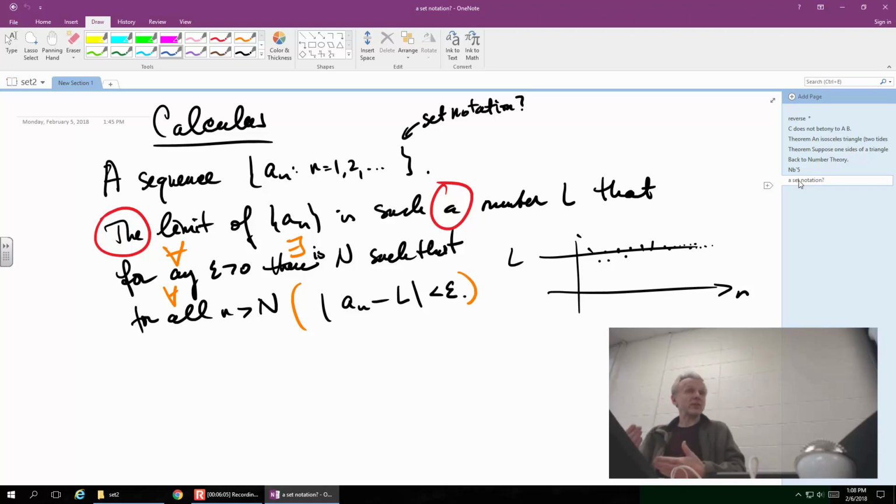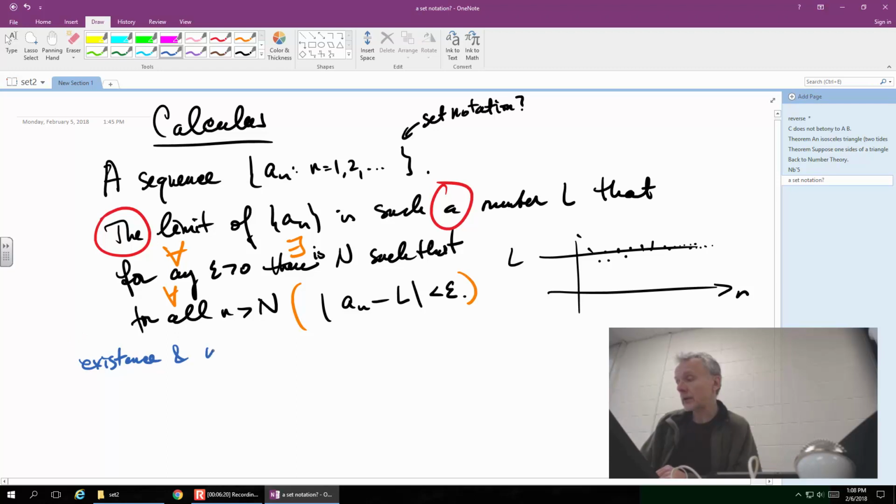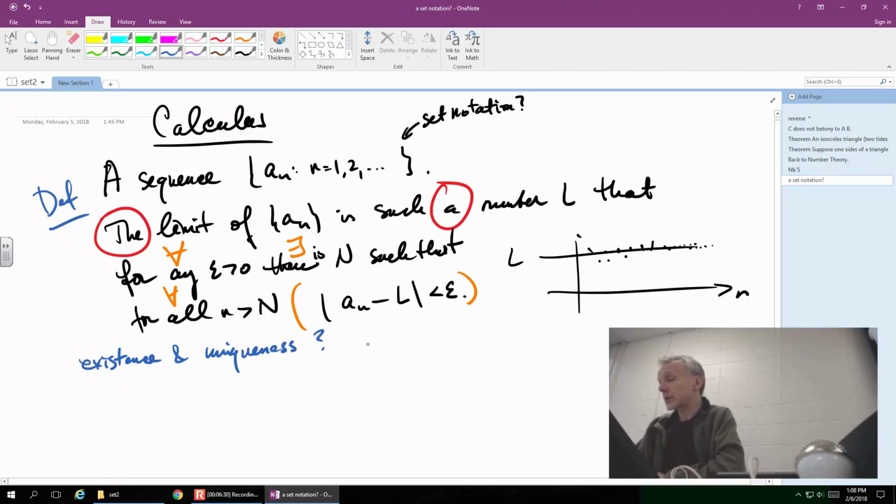As we know, the limit doesn't have to exist. Okay, so that is a part of the problem that you address. So once again, existence and uniqueness, you want to address these two as early as possible. So whenever you introduce a definition, the question is, is this well defined?